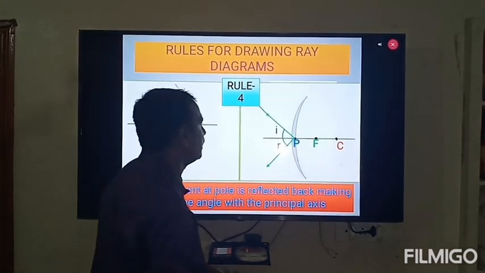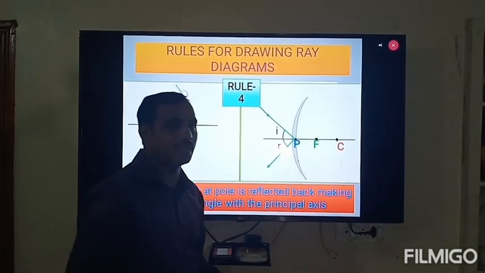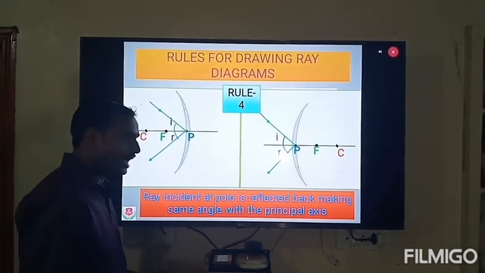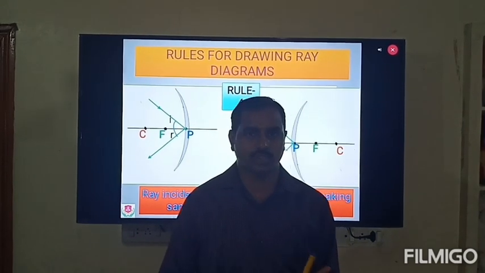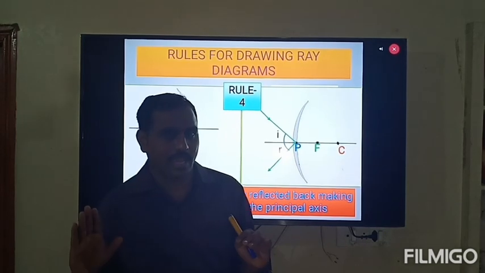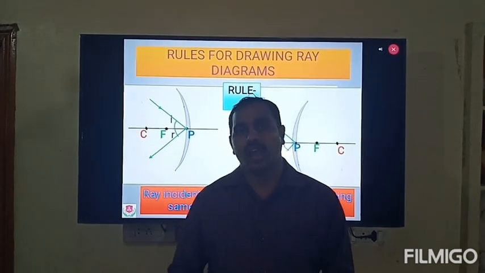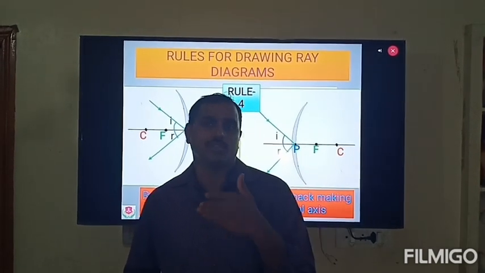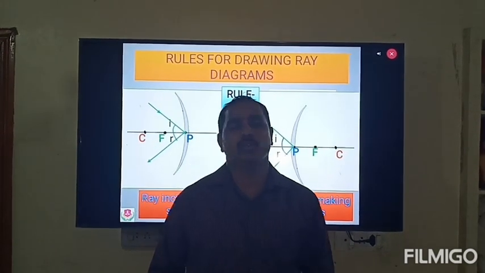In both the cases, in this case also, the ray is diverging, but it is making the same angle with the reflecting surface. So these are the rules to draw the ray diagrams. What is the first rule? What we said: a ray parallel to the principal axis, after reflection, passes through the focus. The second rule says a ray which is coming through the focus, after reflection, moves parallel to the principal axis.